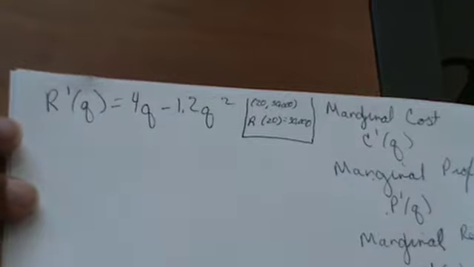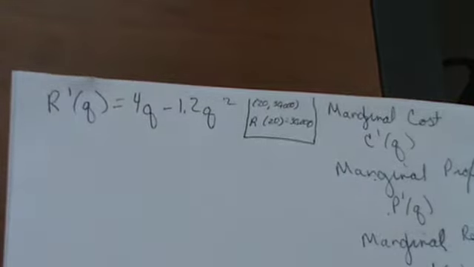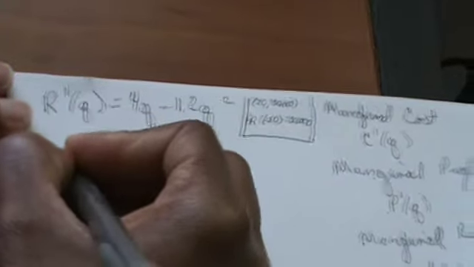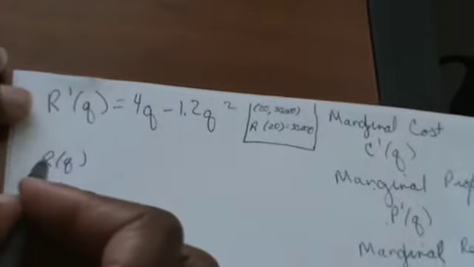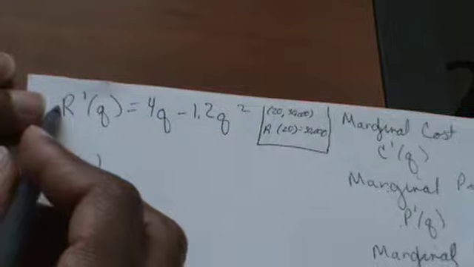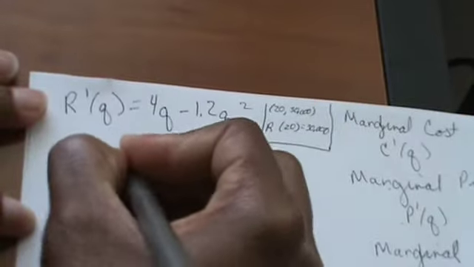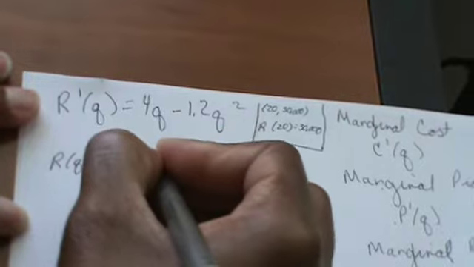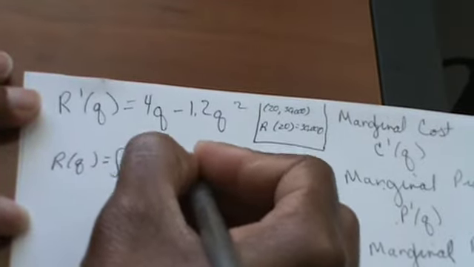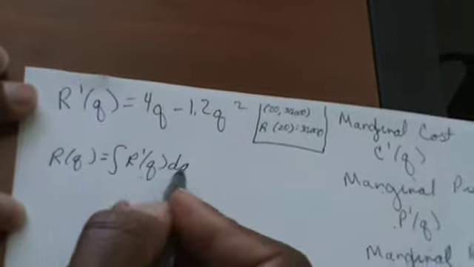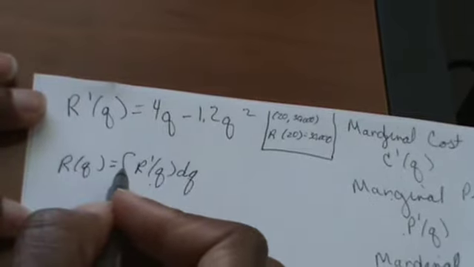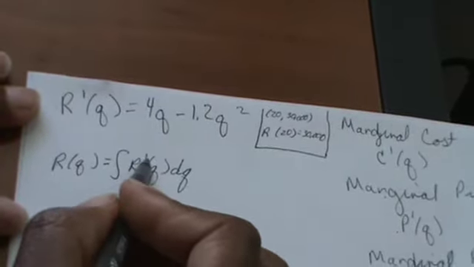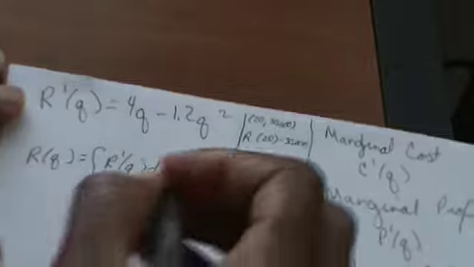Let me remind you, at the very end of the problem, it says how much revenue. So we want R of Q. Notice we know how to get from R to R prime, you just take the derivative, but if you want to go backwards, you have to take the antiderivative. So this is the antiderivative of R prime of Q dQ. Antiderivative and derivative cancel each other out and give you just R.